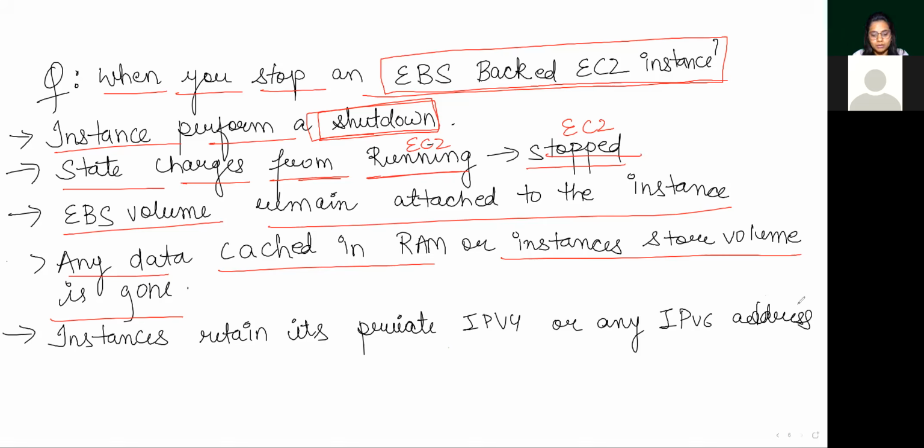Okay, means once your EC2 is shut down and you start it again, they can easily connect again with their private IPv4 address or any IPv6 address. IP means the address of your EC2 instance.